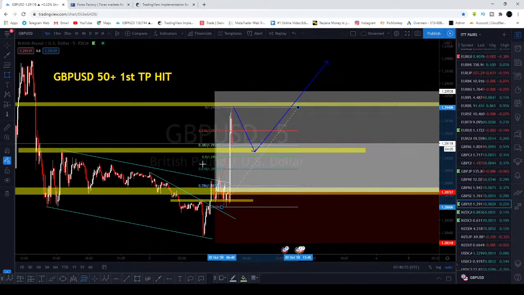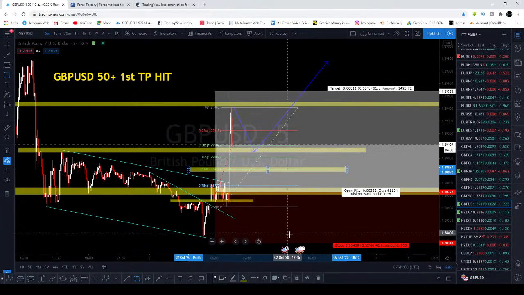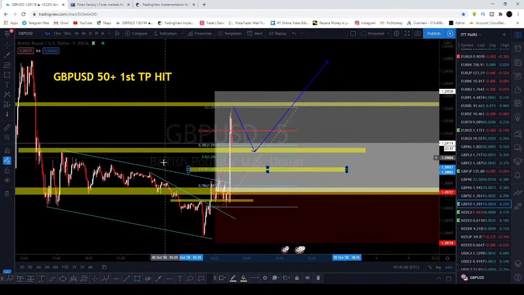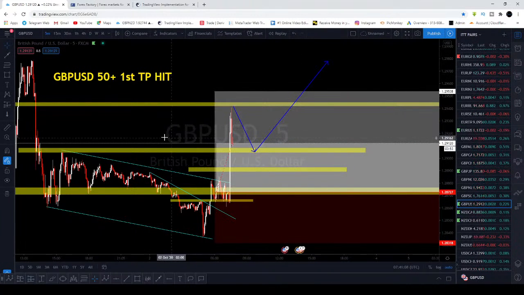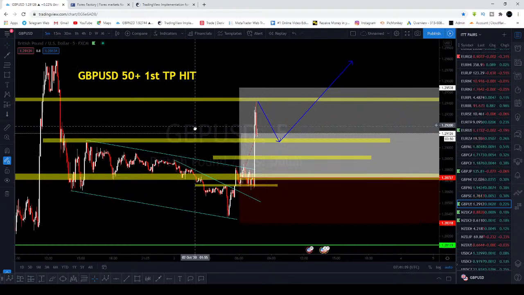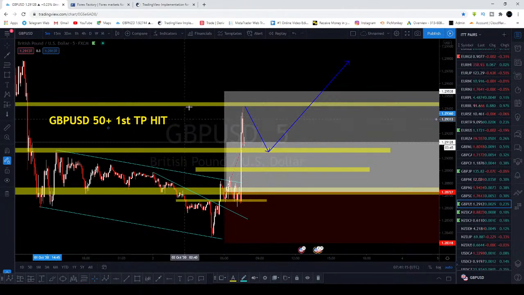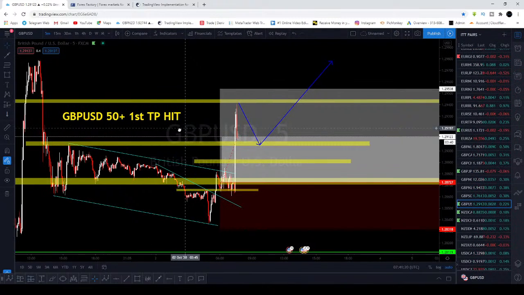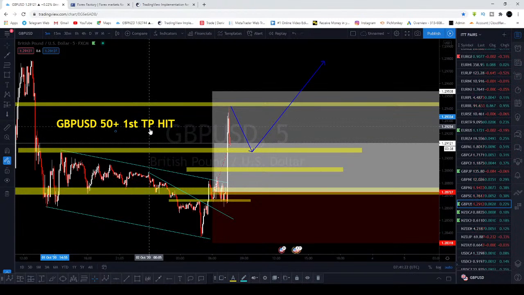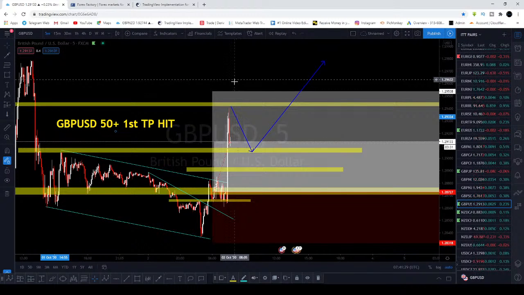Let me try to spot out all of this. So yeah, that's all about it. Cool. I'm still expecting a buy to continue happening, right?